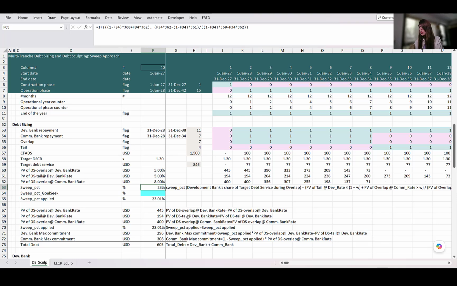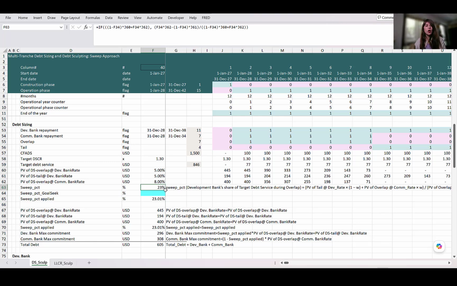So 23% of the target debt service will go to the repayment of the development tranche, and the remaining will be devoted to the payment of the commercial tranche during the overlap period.